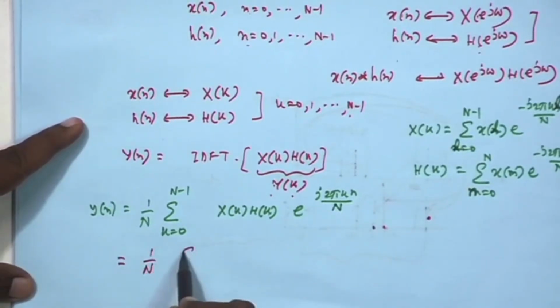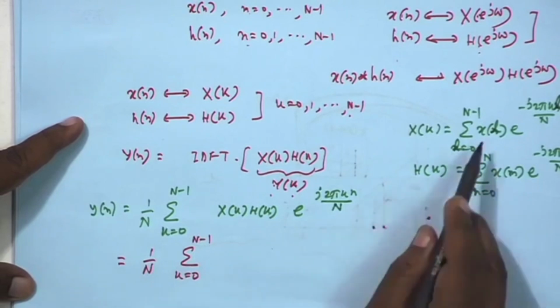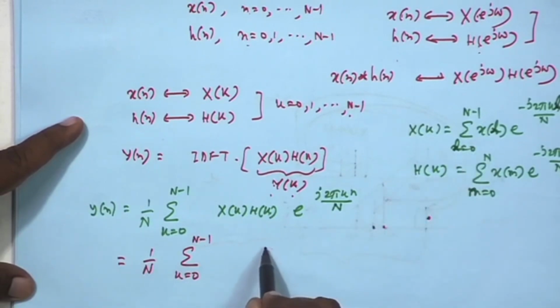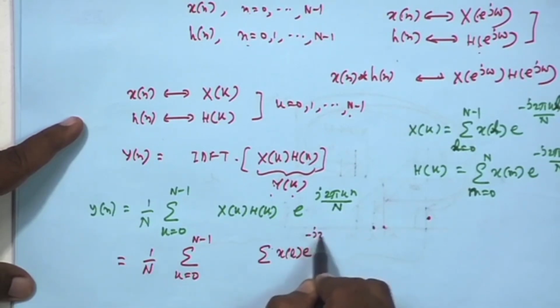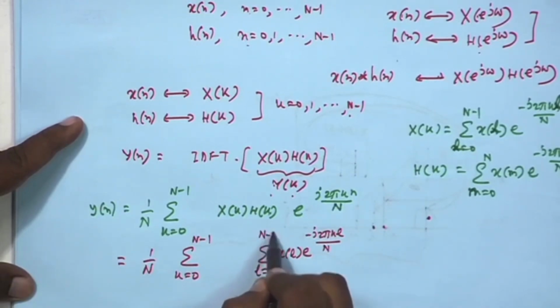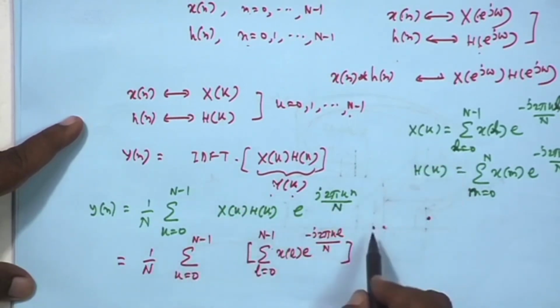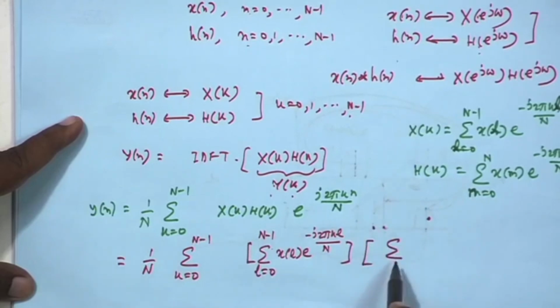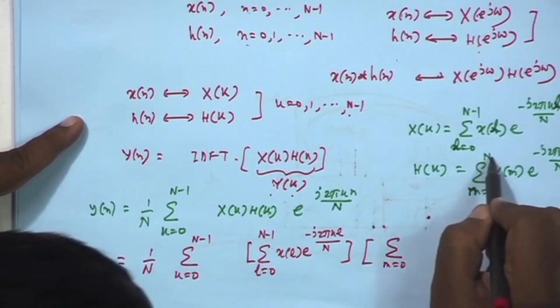So, what I have then is the summation, this is your capital X k, then again capital H k, n minus 1, sorry.